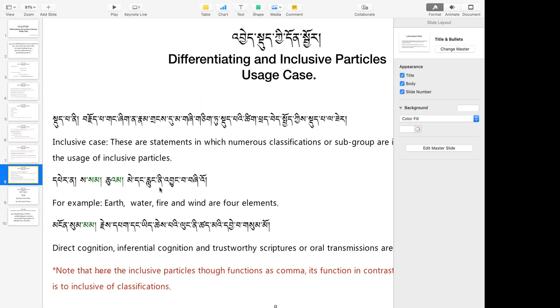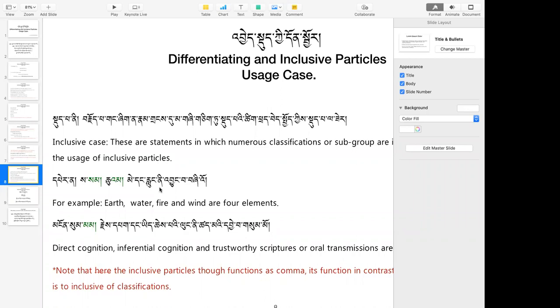It does not change in appearance, but the very change in the position is the reason why the nature of the statement has changed. Now it has changed from a differentiating statement to an inclusive statement, and the change is by the reversal of the position.